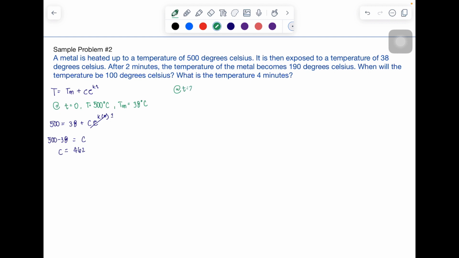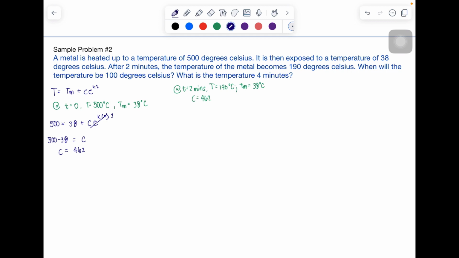Now, next condition. So at time 2 minutes, what is the temperature? You have 190 degrees Celsius, and the temperature of the environment, or the medium, is still 38. We also have the C, which is 462. So let's substitute to the equation.